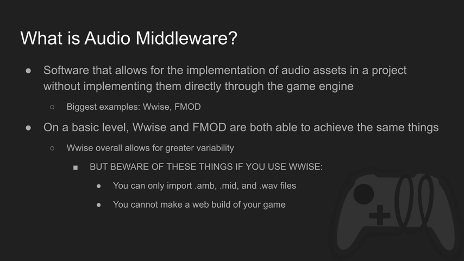Also, beware of these things if you use Wwise. You can only import MIDI, WAV, and .amb files. I don't even know what .amb files are. Does anybody here know? Because I've never seen that format.